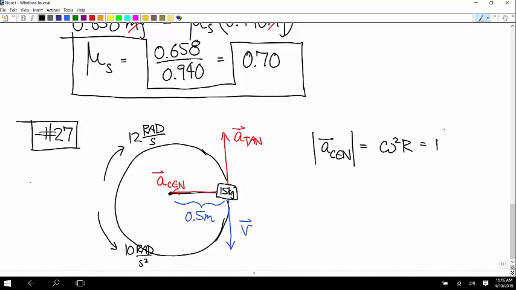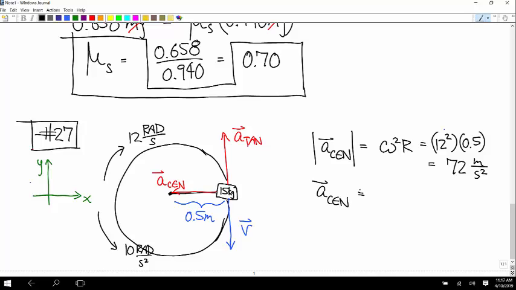So that's 12 squared times 0.5, which is 72. That's in the negative x direction if our coordinate system is this. So the centripetal acceleration vector is negative 72, 0.